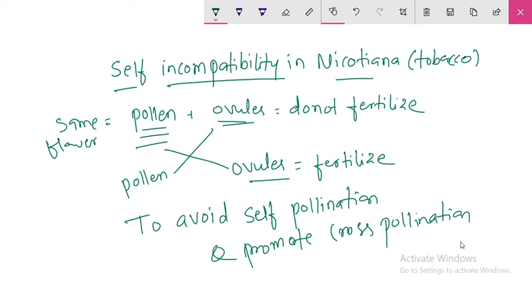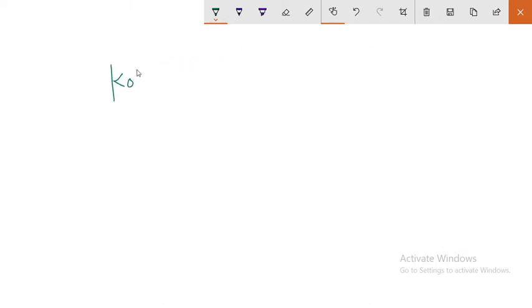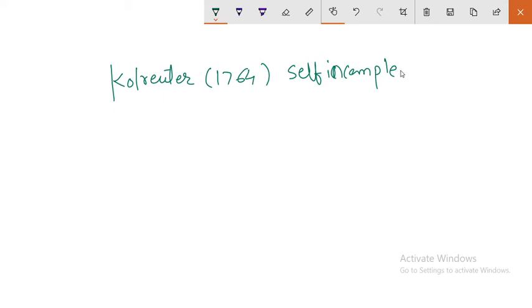According to the scientist Kolreuter in 1764, he described self-incompatibility in Nicotiana, in tobacco.